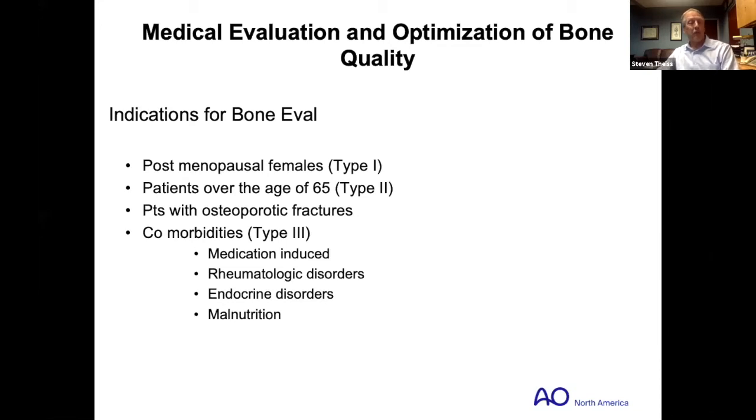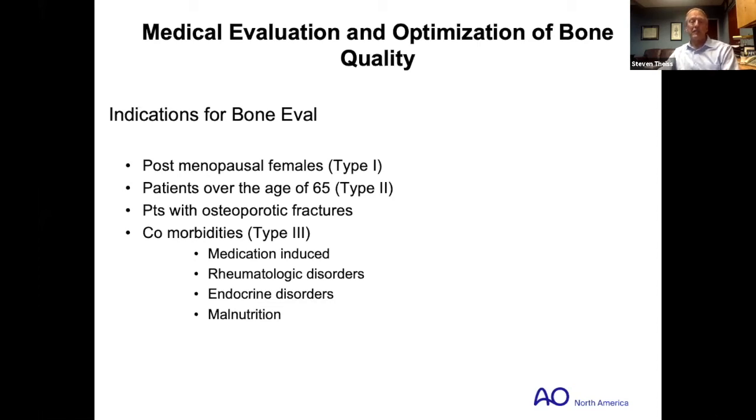The second type of osteoporosis is senile osteoporosis. That's when patients get older, the osteoblasts are no longer as active, and now there's an imbalance between bone formation and bone resorption. So any patient over age 65 who would qualify as potentially having type 2 osteoporosis gets sent to have their bone quality assessed.